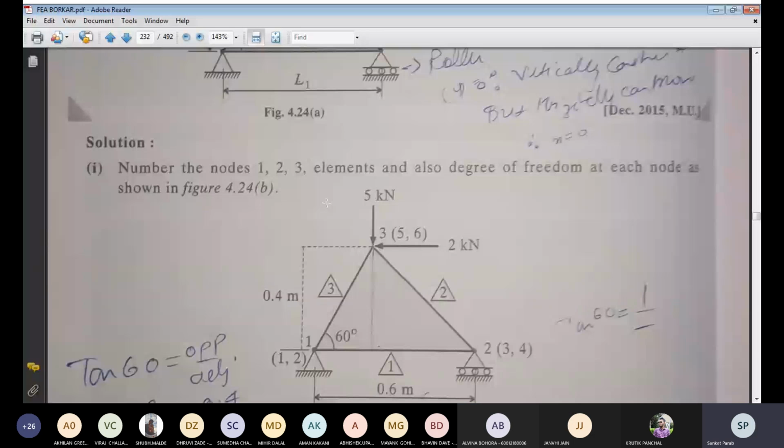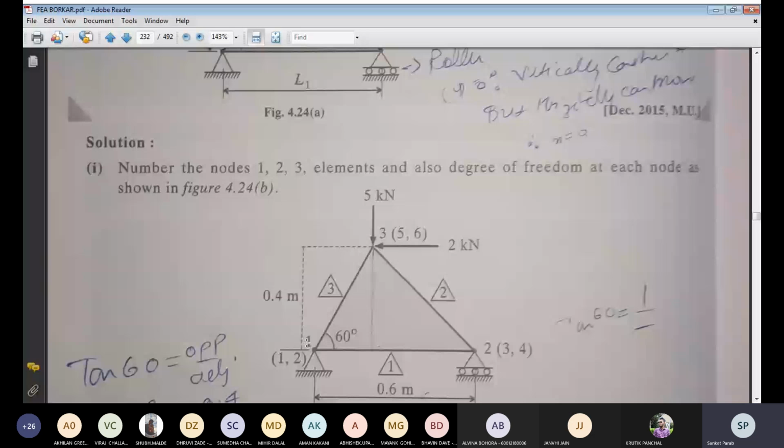Basically, those directions which are constrained, there you are bound to get reactions. Here there is a fixed support, so it is constrained in both x and y direction, so you will have reactions in both x and y direction. Now a roller support is only constrained in the y direction because in the x direction it can move.